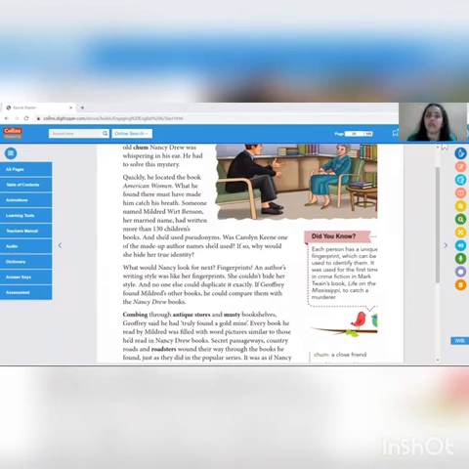Fingerprints cannot match anybody else's fingerprint, and secondly, this is the greatest evidence against any culprit. So he very fondly says, what would Nancy look for next? If Nancy were the detective for this writer, what would she look for? She would look for fingerprints.